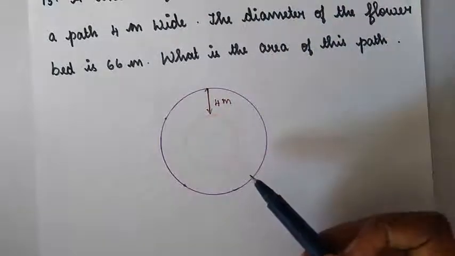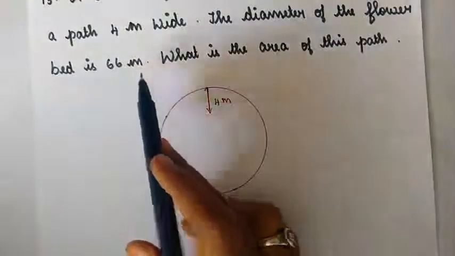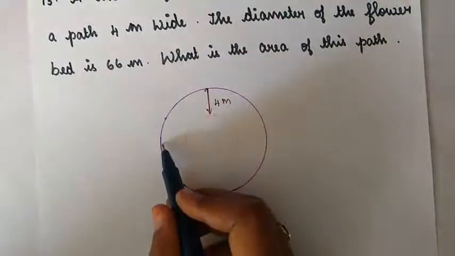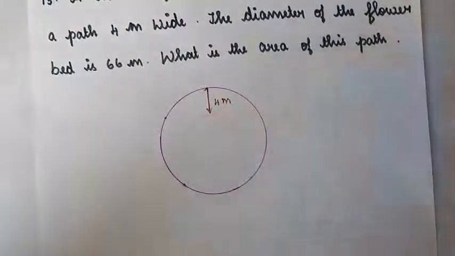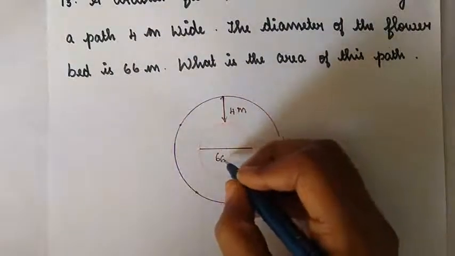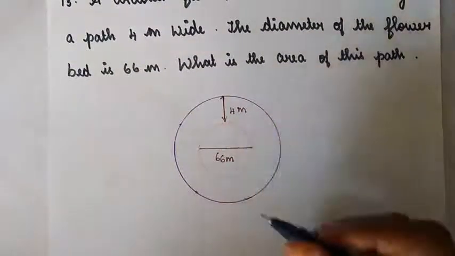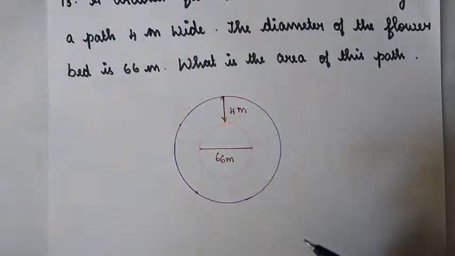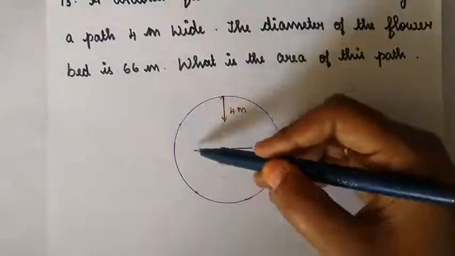The diameter of the flower bed is 66 meter. So we have to find out the area of this pot.